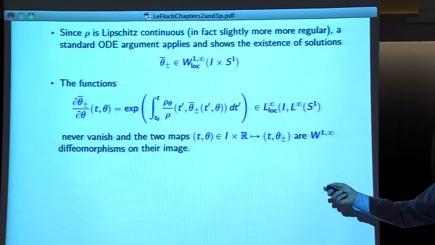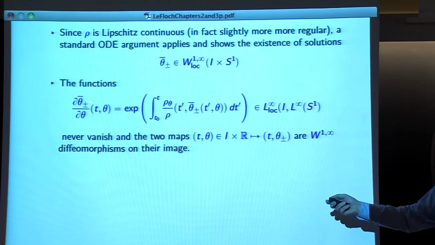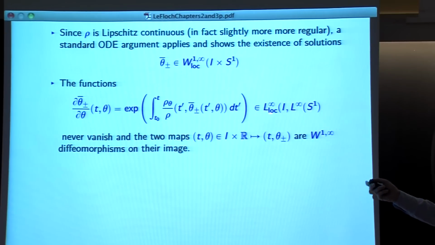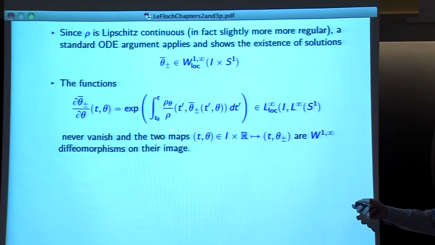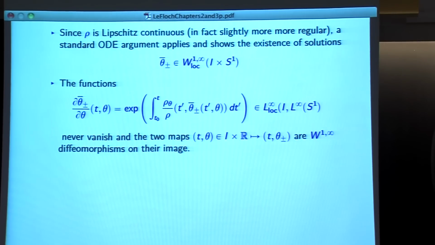You have a classical formula for the variation of a solution of an ODE with respect to the initial point. It is given by an exponential of the derivative, rho_theta over rho, at a suitable point. Of course, this never vanishes, and therefore you see that the maps that you have defined remain diffeomorphisms, at least on their image.